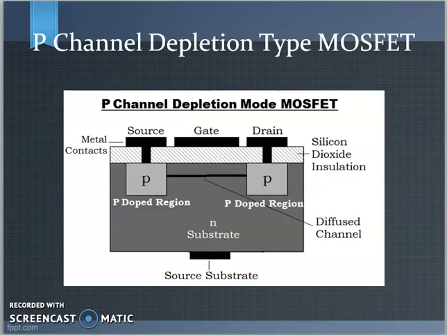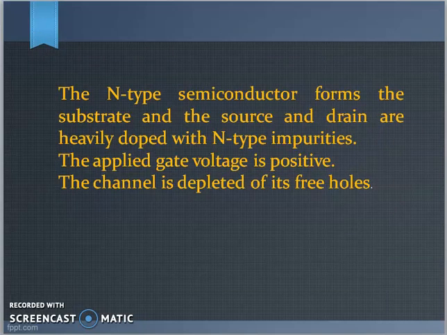Now here you can see P channel depletion type MOSFET. Here you can see the body is of N type and the doped region is of P type connected to source and drain terminals. The N type semiconductor forms the substrate, that is body, and the source and drain are heavily doped with P type impurities.